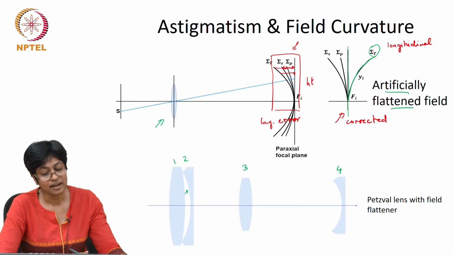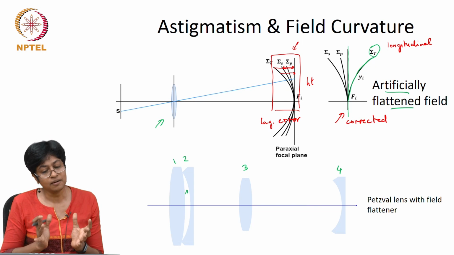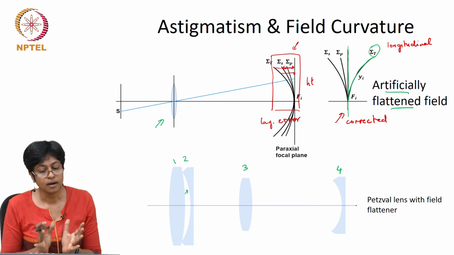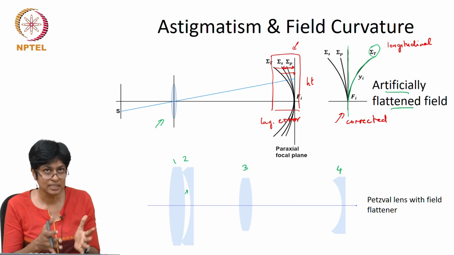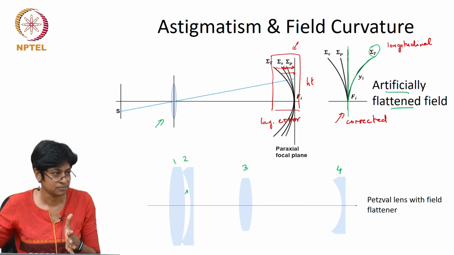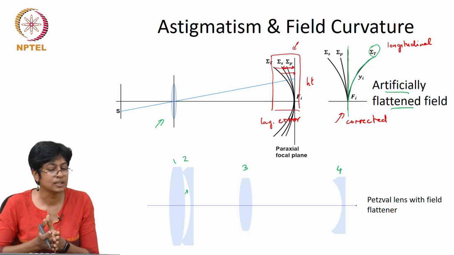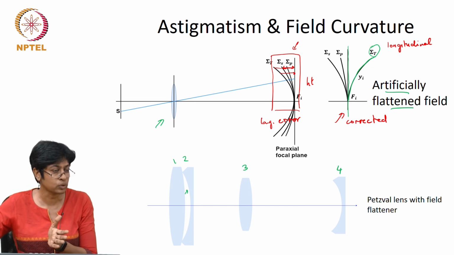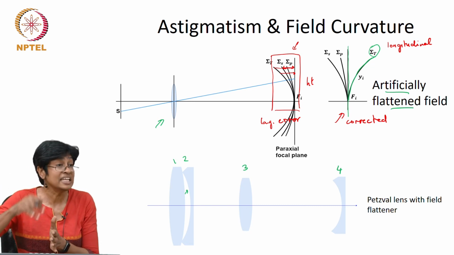Okay, so these aberrations, as I said, up to astigmatism, there is clear defocus, right? Field curvature, yes, if you're at the paraxial plane, there's going to be defocus, but there is actually a surface.